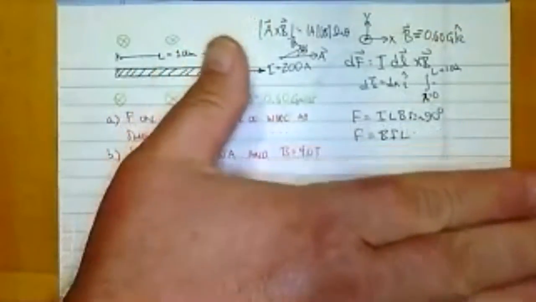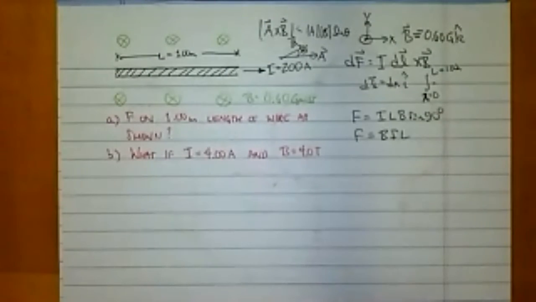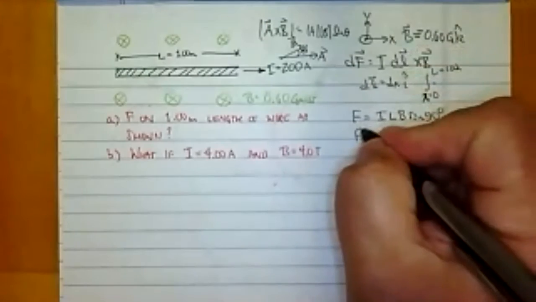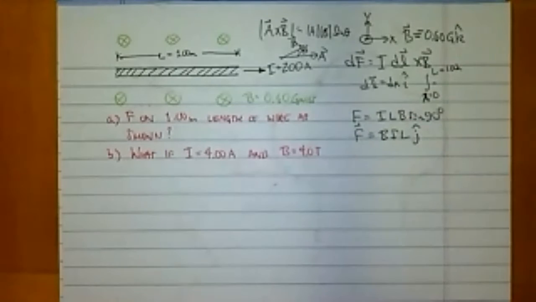And when my hand's in that position, what I see is the force is pointing upward. So it's in the Y direction. So I could make this a vector by putting a vector symbol over it and putting a J hat. Now that's kind of neat, because if we're looking at this side on, then this actually counteracts the weight of the actual wire. You'll see the force isn't that huge though, but still it's kind of neat that you can do that.